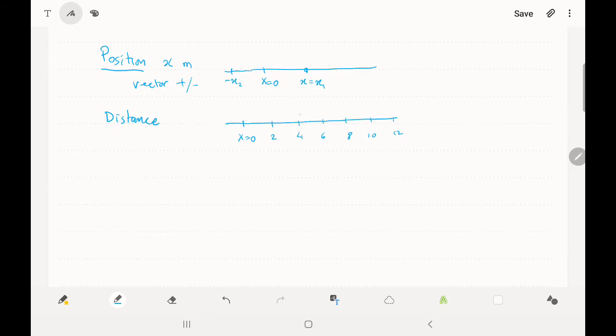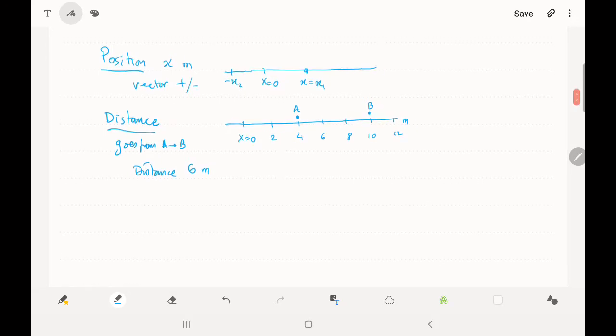Let's suppose the object was initially here at x equals 4. So that's the initial position A. And then it moves on to position B. So it goes from A to B. And so the distance it has traveled is going to be from here to here, which is 6 units. So it's 6, and let's suppose these are all meters. So the distance is 6 meters.